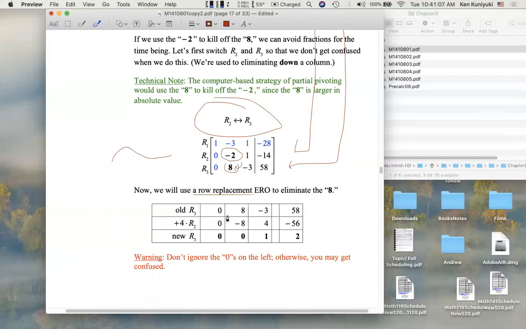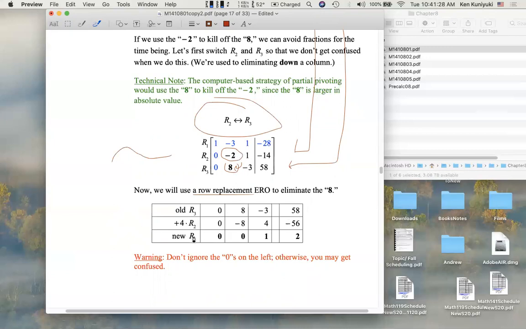All right, so the old row 3, the one that we're changing, is 0, 8, -3, 58. What do I want to multiply row 2 by before I add it to row 3? +4 times -2 is -8, that would be a good thing to add.